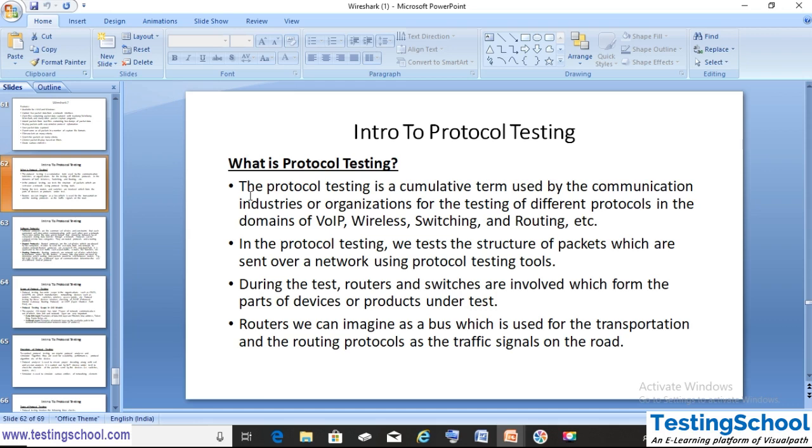Here we are discussing switching and routing, so wherever we say protocol testing, we mean switching and routing protocol testing. In protocol testing, we test the structure of packets which are sent over a network using protocol testing tools.